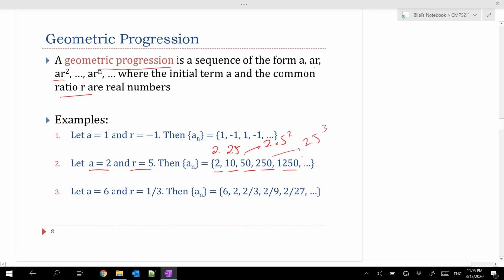So I think the element number n, you agree that it is equal to 2 times 5 to the power n, because we would have multiplied r by itself n times. And here we have an exponential growth, actually. So we have r to the power n after the nth iteration, or at the nth turn of our sequence.